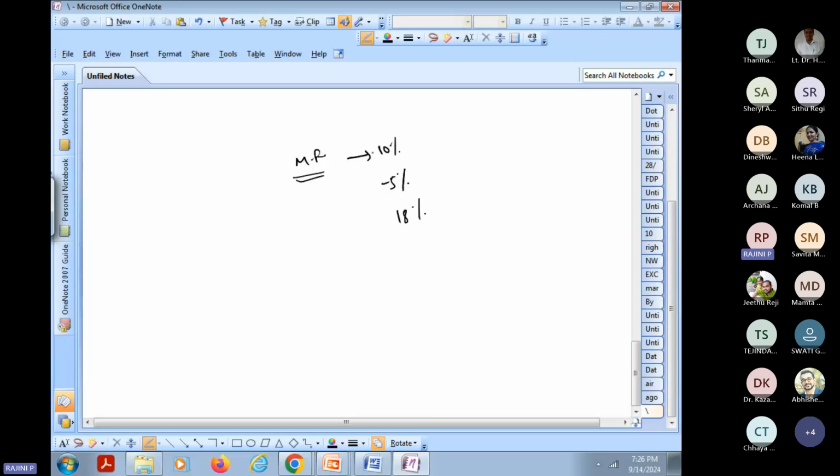So in the last 3 years, what is the growth of the fund? Here I'm talking about the percentage of change, the growth rate. If you're concentrating on the growth rate, we apply the geometric mean.